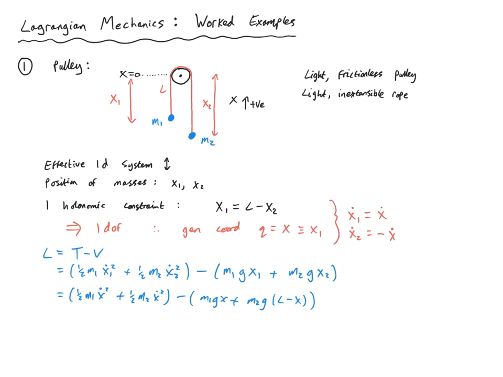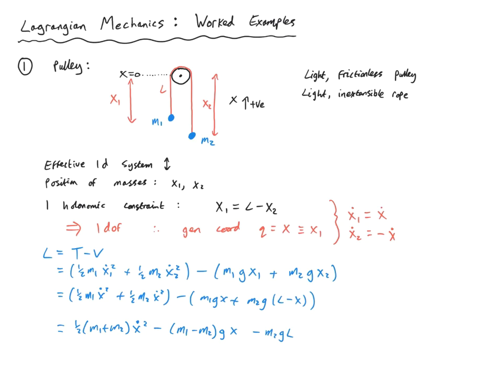So that's the final result, and we can tidy it up a little bit to obtain the final expression: a half into m1 plus m2 x dot squared, minus m1 minus m2 g x, minus a constant m2 g L.